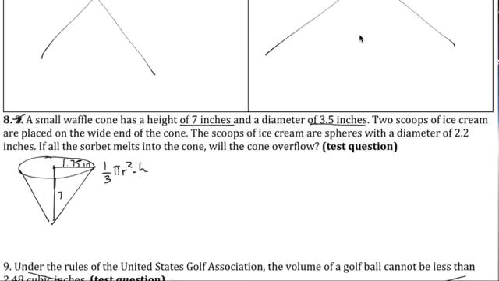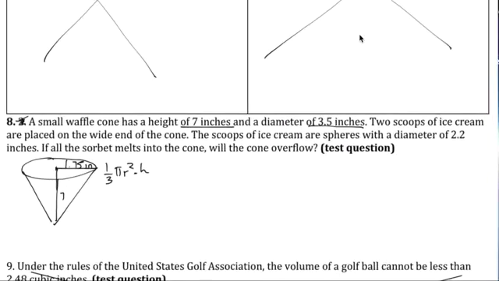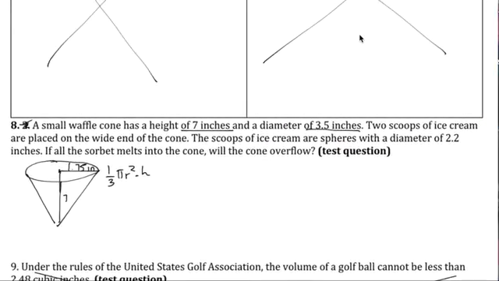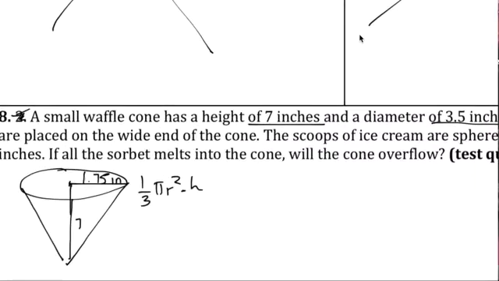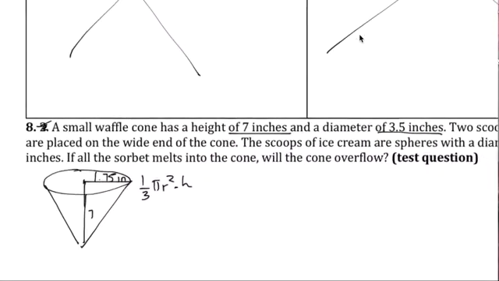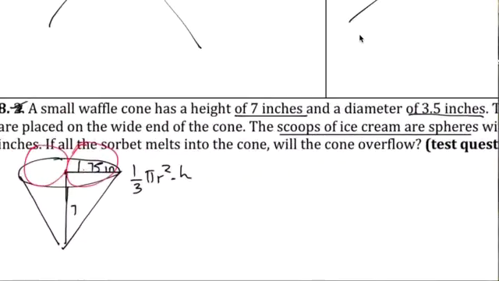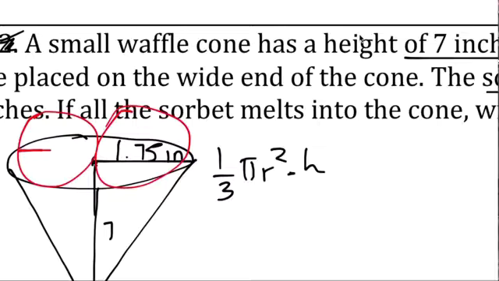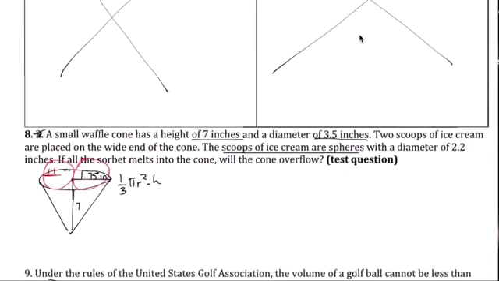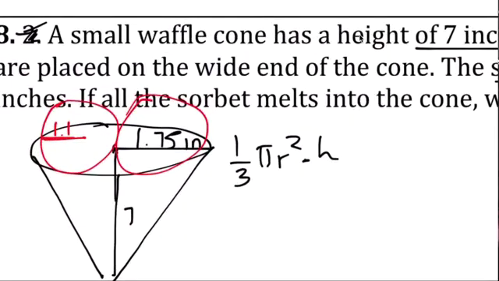2 scoops of ice cream are placed on the wide end of the cone, so we assume the scoop is in the shape of a sphere. So we got 2 scoops of ice cream placed in there, with a diameter of 2.2, so the radius of each one of them is 1.1 inches.